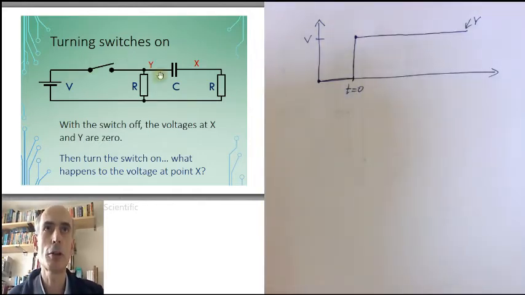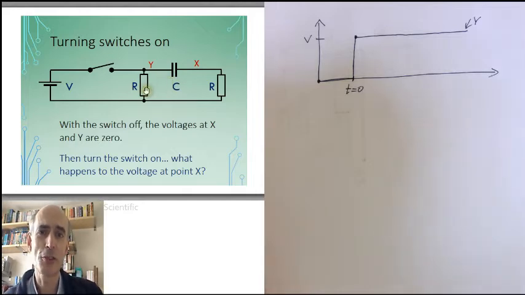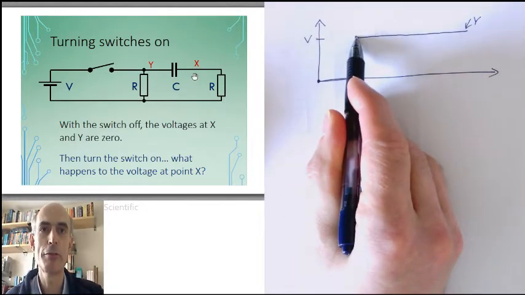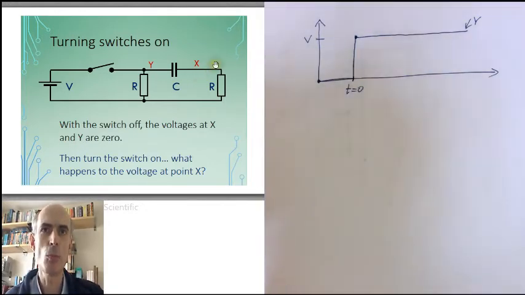The voltage across the capacitor was 0 just before the switch was closed. Therefore, the voltage across the capacitor must be 0 just after the switch is closed as well. And that means that both X and Y have to be at a voltage of V. But then what? Well, you'd now have a voltage across this resistor. There would be V volts across resistor R, which would mean that a current would flow down through this resistor here.